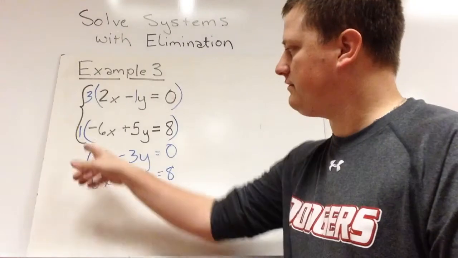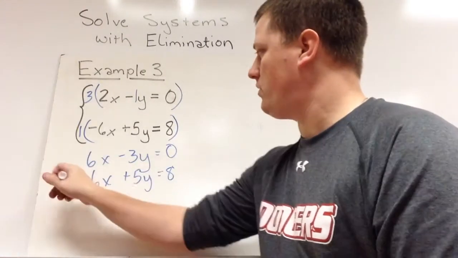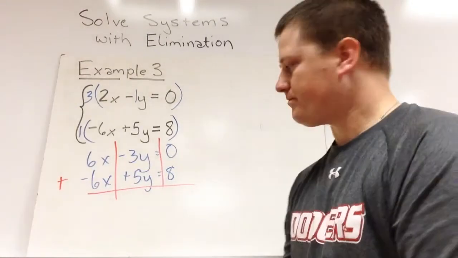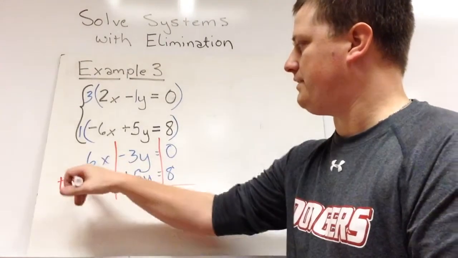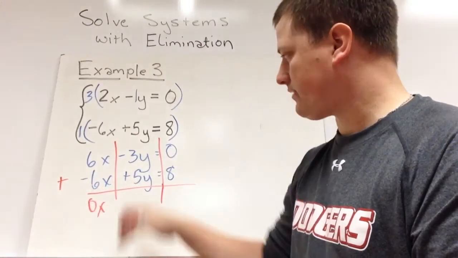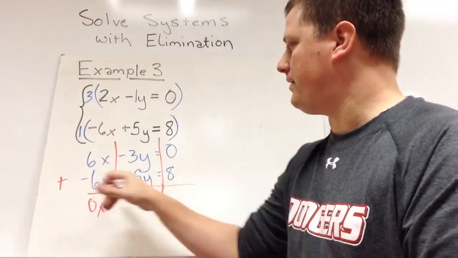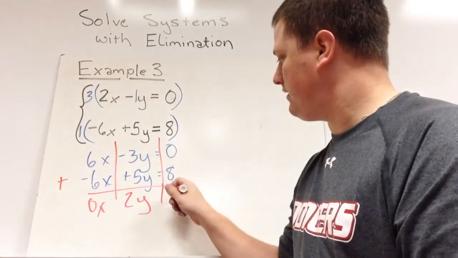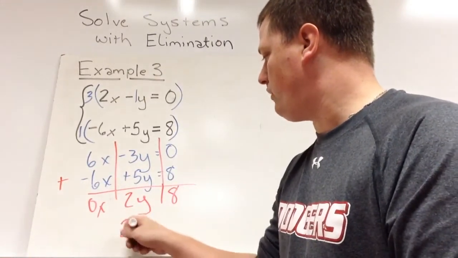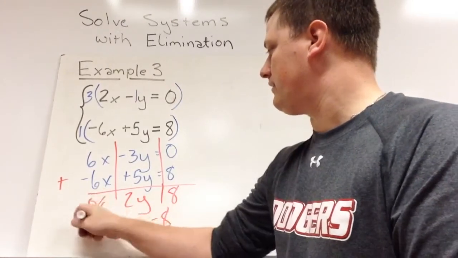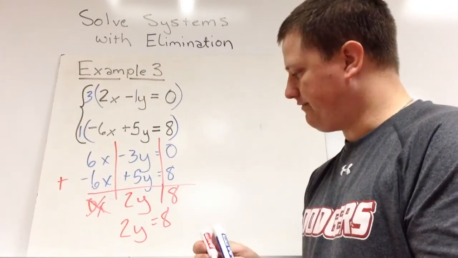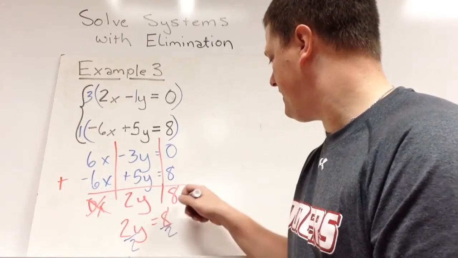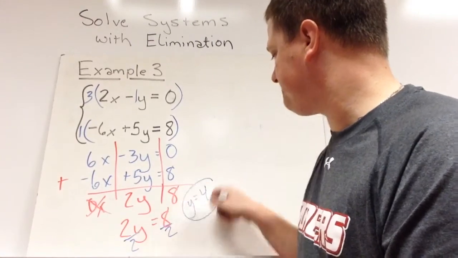So we're going to look at our 6's. Positive and negative means we're going to add. Okay, so from here, 6 plus negative 6 is 0x. Negative 3 plus positive 5 is 2y. And 0 plus 8 is 8. So we've got 2y equals 8, because we don't need the x. Divide by 2. And y is 4.